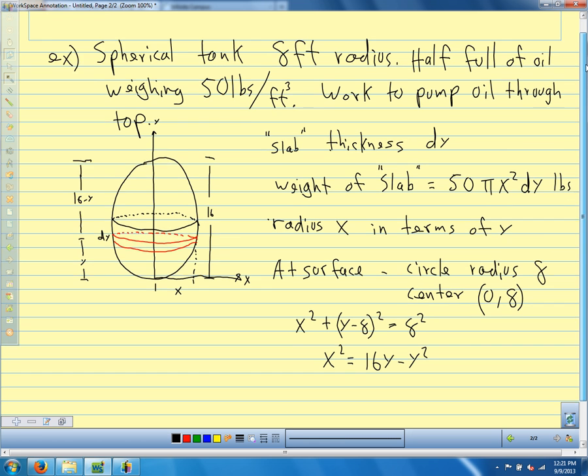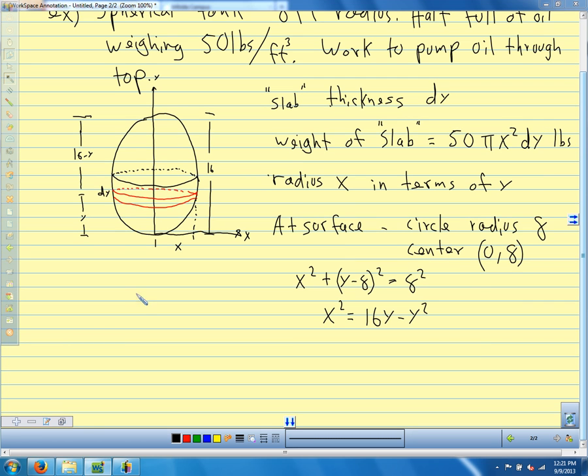The other way that we could look at this is if I draw this circle. I'm going to redraw this. Here's my slab of liquid that we're looking at. Let me just draw it as a circle, just edge on. So my slab is here. Here's the center of the circle.